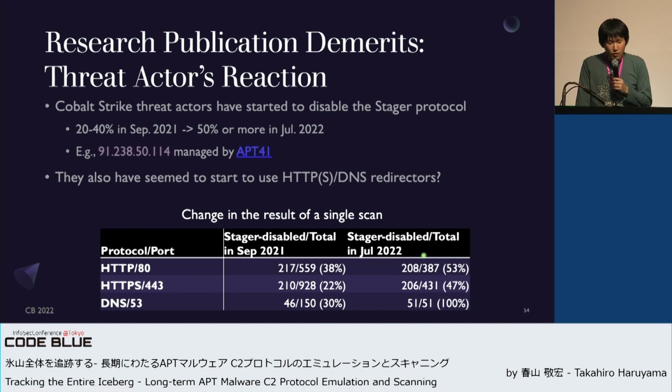They also seem to have started to use redirectors because the number of discovered servers decreased. It makes the scanning harder. The cat and mouse game still continues.